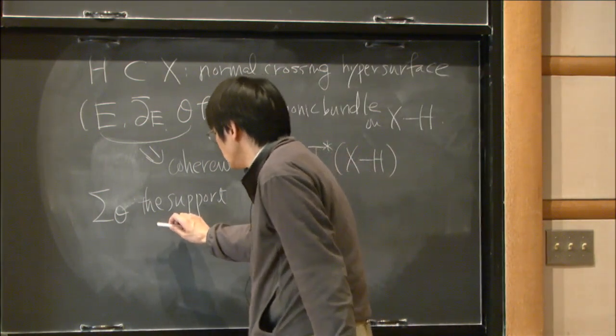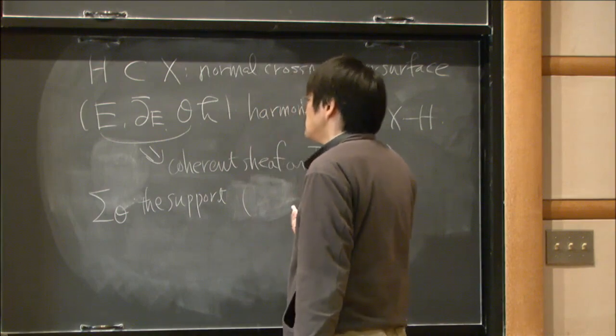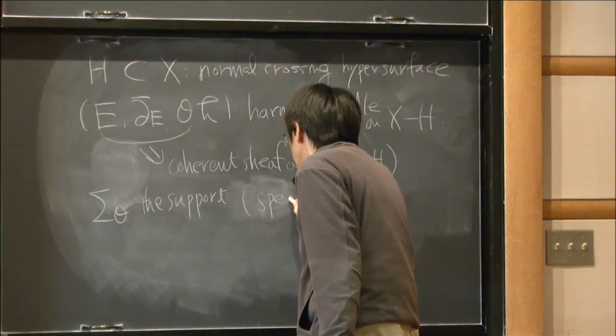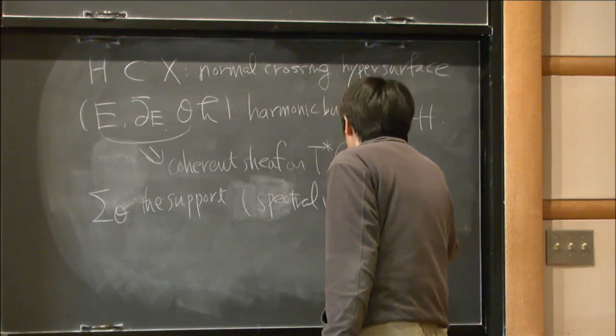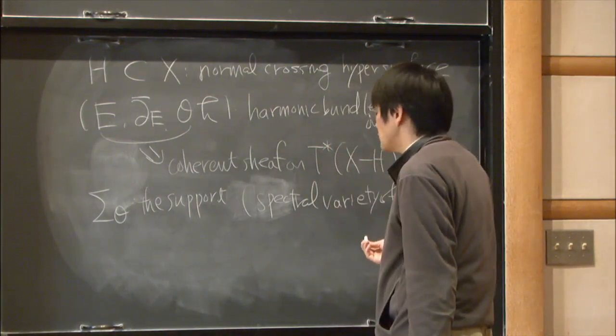This is called the spectral variety of the harmonic bundle.